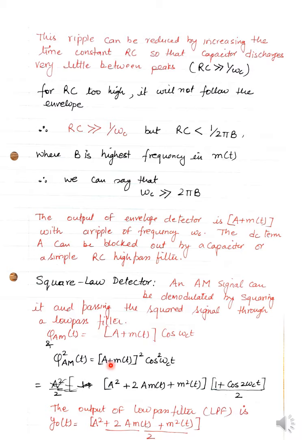When we square it and open the square, it will be A square plus 2A m(t) plus m square(t), and the square of cosine can be written as (1 plus cos 2 omega c t) divided by 2. So the output of a low pass filter is this. When you pass it through a low pass filter, it will pass only the low frequency component, so this part will be blocked. So we are multiplying this by 1 divided by 2.